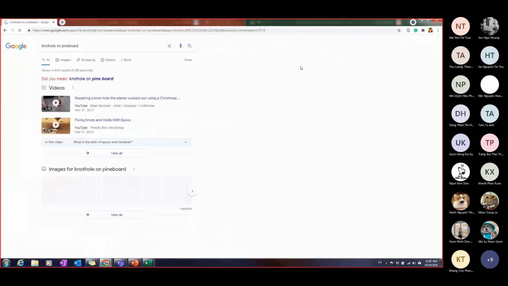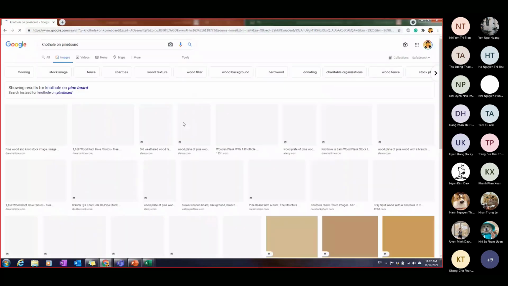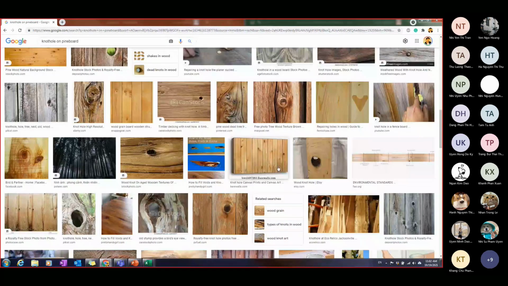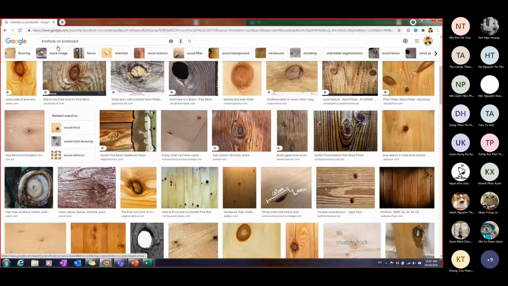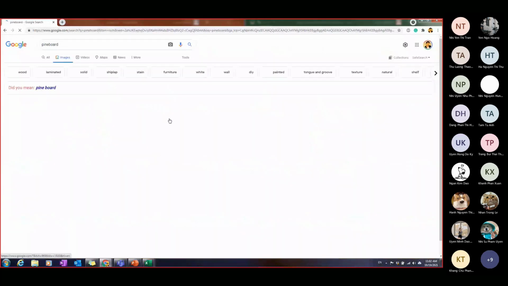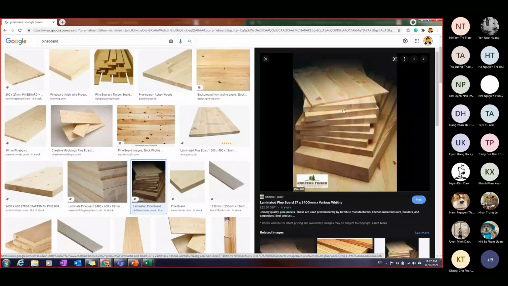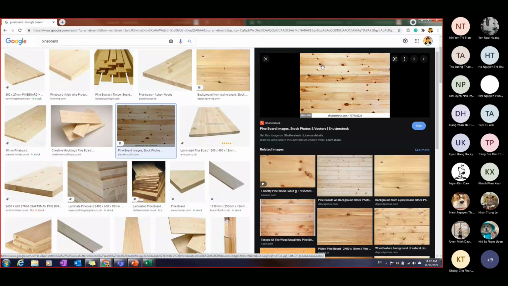Pipe board means this is the pipe board. Oh no, nobody knows about pipe board. Okay. For example, this is the pipe board, cái tấm gỗ thông. Okay. So in the pipe board, sometimes we have the connector, những cái mắt gỗ.